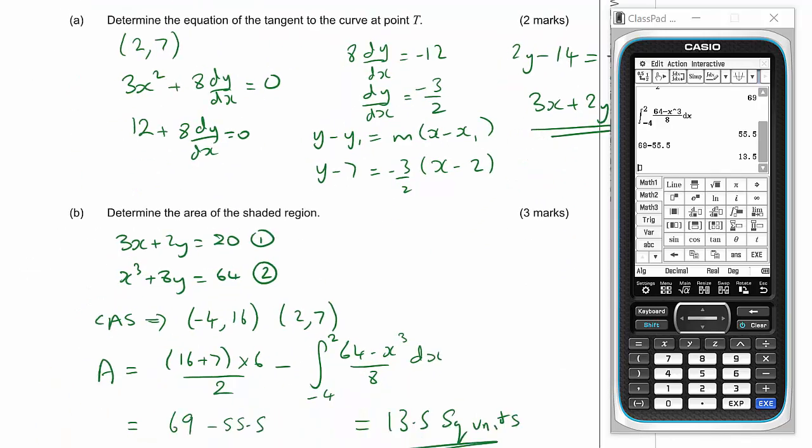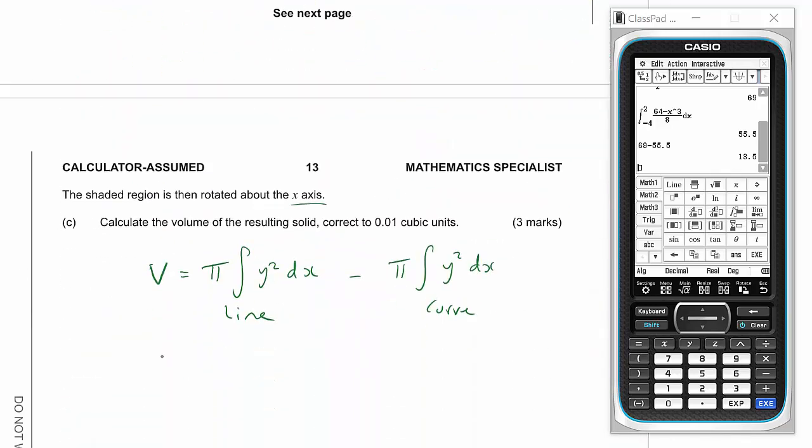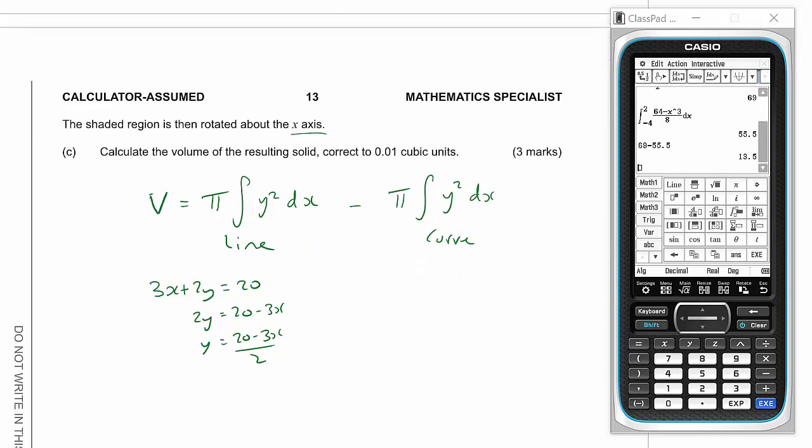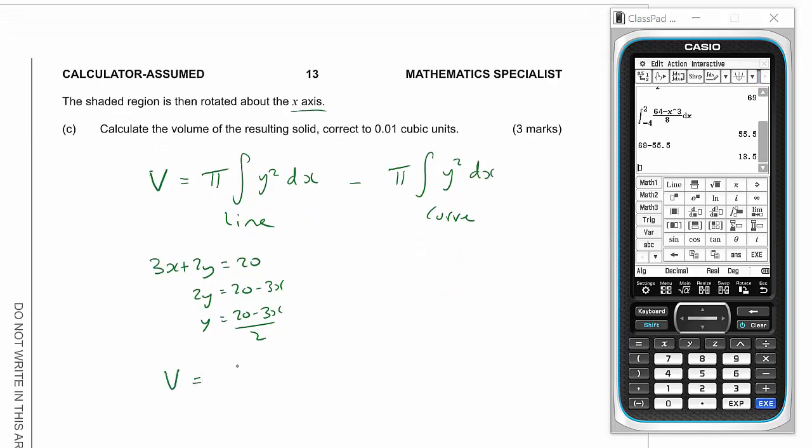So our line was 3x plus 2y is 20. So that would give me 2y is 20 minus 3x, y is (20 minus 3x) over 2. So we are going to get pi times the integral from negative 4 to 2 of ((20 minus 3x) over 2) all squared.